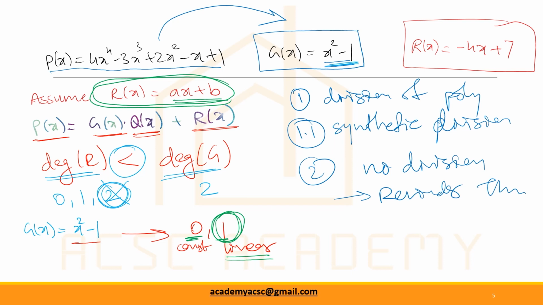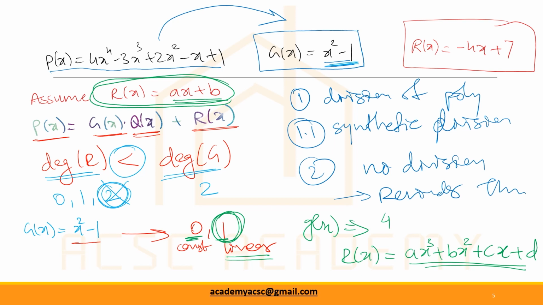For example, if your g of x had a degree of 4, then the remainder can have a maximum possible degree of 3. In that case you would have assumed r of x as something like ax cubed plus bx squared plus cx plus d. This is the general polynomial we form and assume to be the remainder. Now, what is the use of doing so? Let us see.